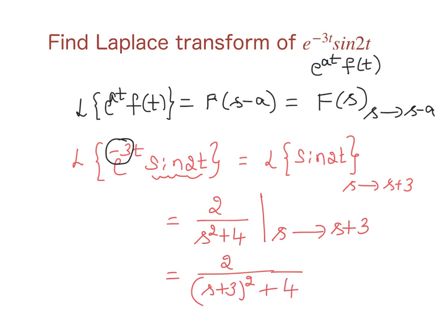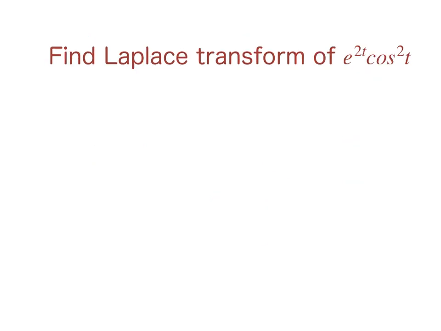So this is how we have to apply the shifting property when solving the Laplace transform of the function. Now let us solve another problem by the shifting property. Given is the Laplace transform of e power 2t cos square t to find.